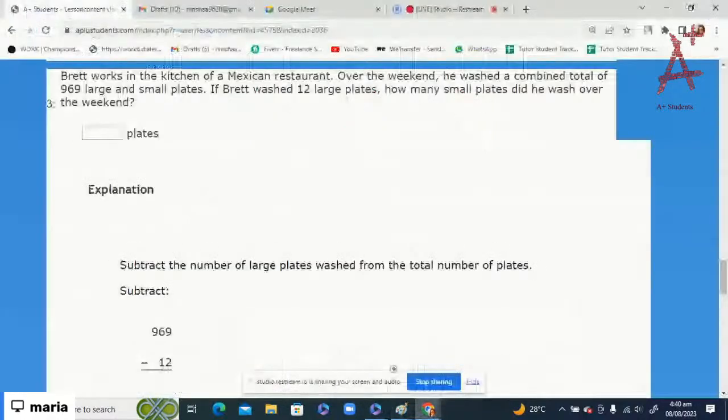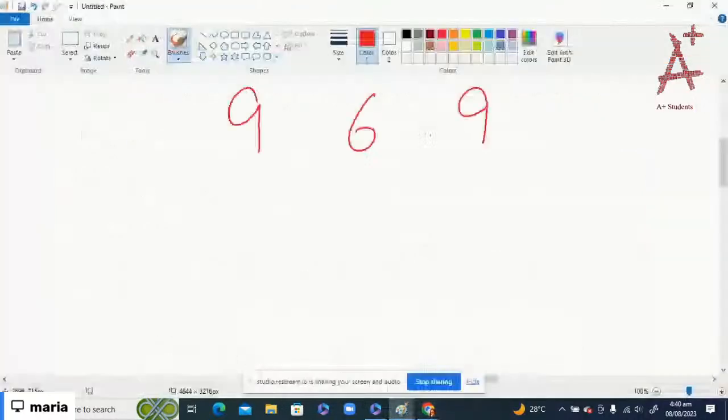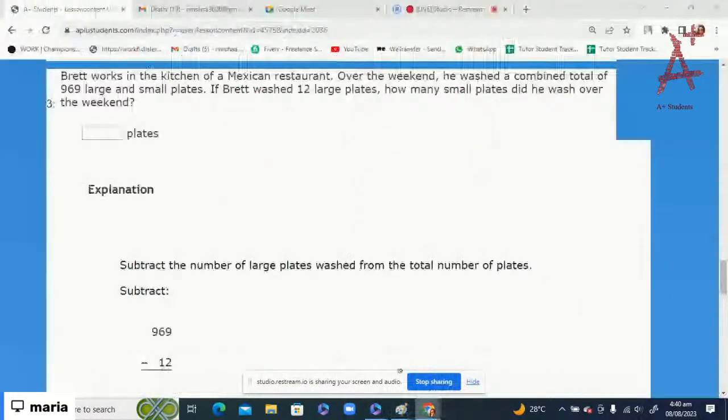But if he washed 12 large plates, now we know the amount of the large plates. He knows the amount of the large plates, that is 12. Put it here. Now in the question, how many small plates did he wash over the weekend? Look at here, the total number of plates is given.